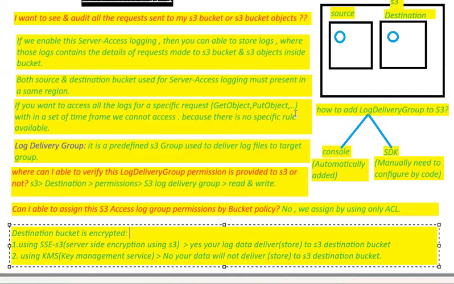Or else if your destination bucket is encrypted by using KMS, is your log data delivered to this destination bucket? No, your log data won't be delivered or stored to your destination bucket whenever you have encrypted your destination bucket by using KMS.